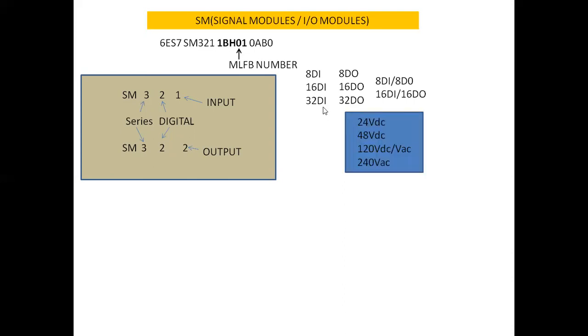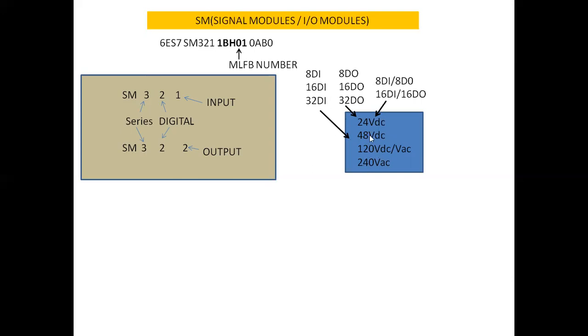Depending on your source, like input and output types, sensor type, or supply requirement, like 24-volt DC, 48-volt DC, 120-volt AC or DC, 240-volt AC, different supplies. So each module will have different supply options. One module is having, say, 1, 2, 3, 4 types.